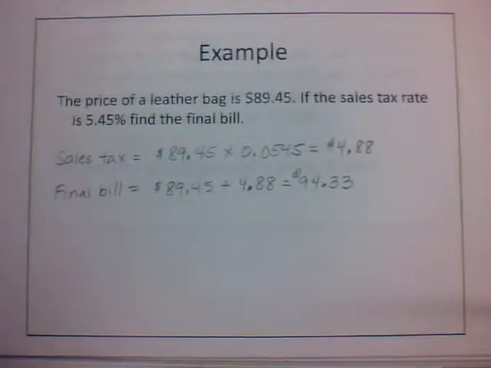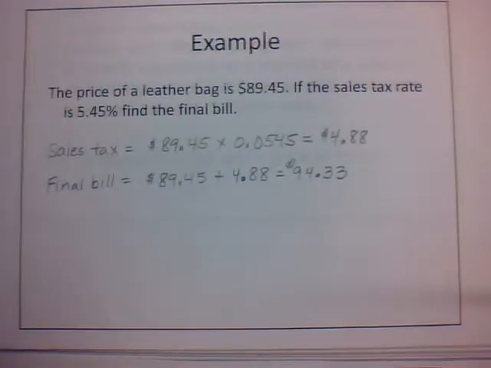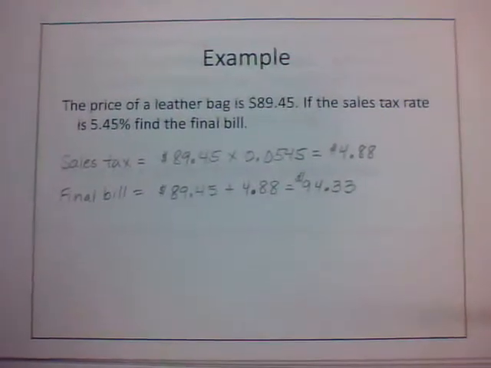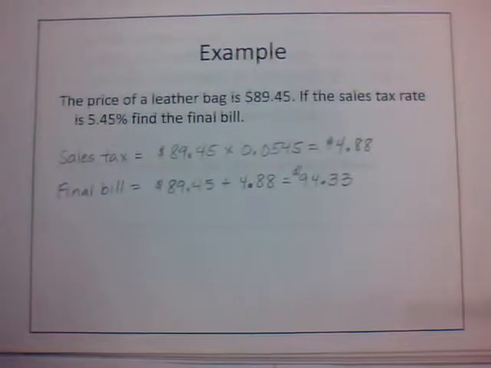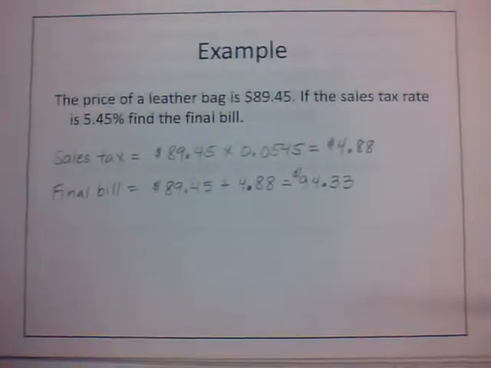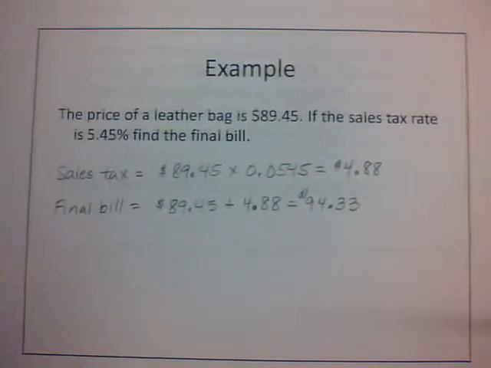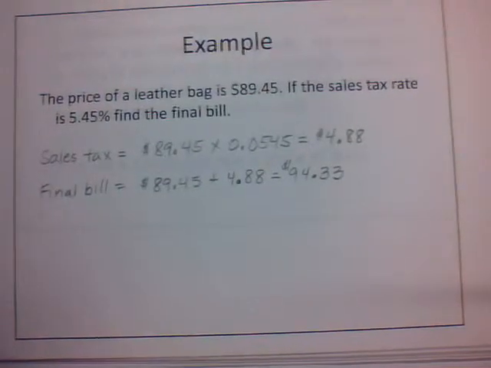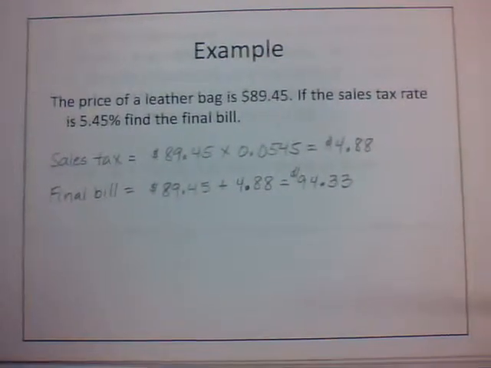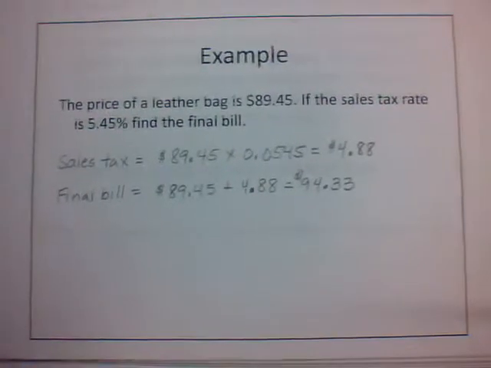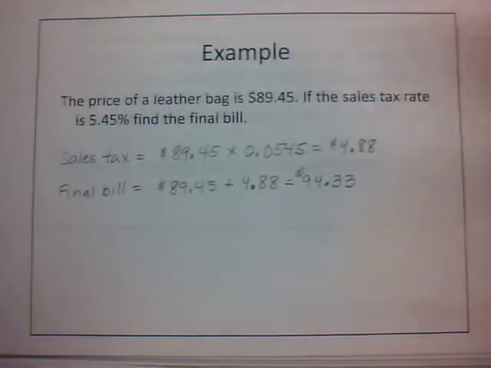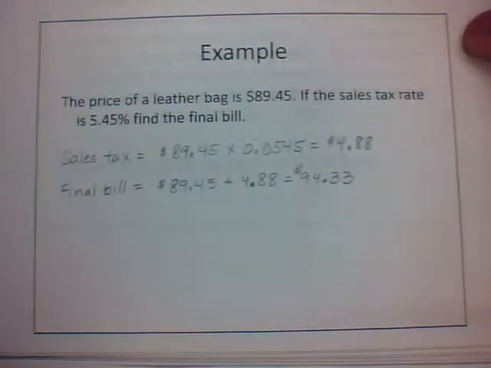Here we change 5.45% to a decimal as 0.0545 and multiply that by $89.45 to get $4.88. That's the amount of the sales tax. Now to find the final bill, we add that $4.88 to the $89.45 and you'll get $94.33, which is the final cost of the leather bag.